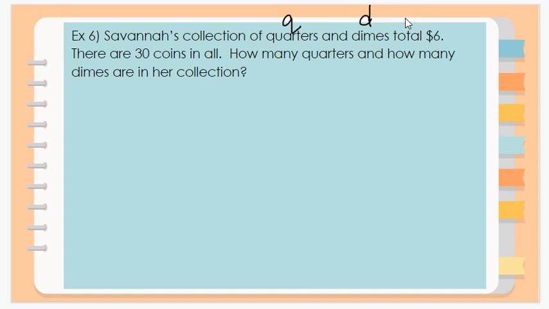We have a total here of $6, and a total here of how many coins. So if we take the total coins, Q plus D, we're going to have 30 of them. If we take the price of them and multiply it together, then we're going to get $6.